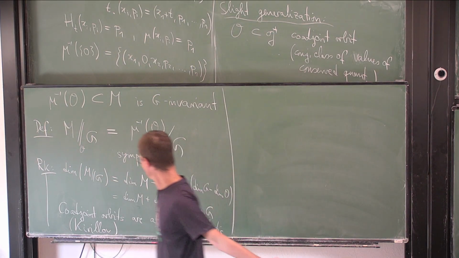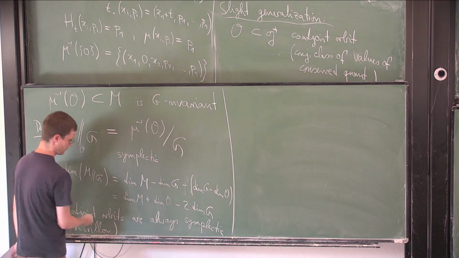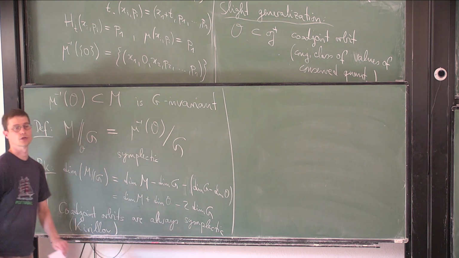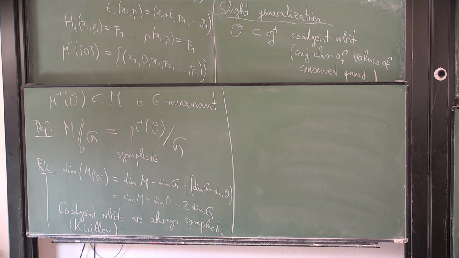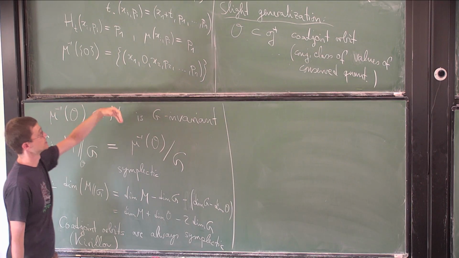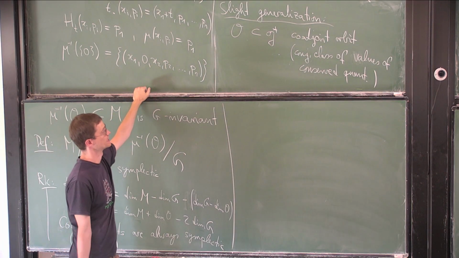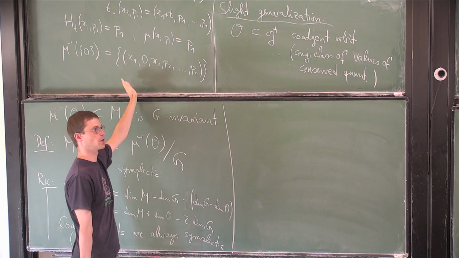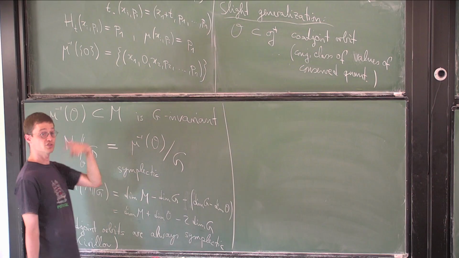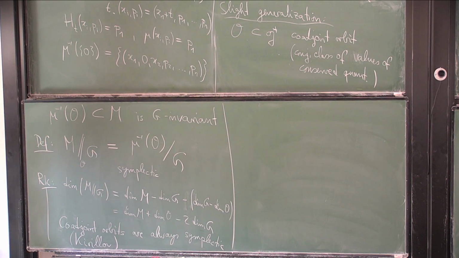Of course, if O itself is symplectic, then its dimension is also even. So you have even plus even minus even, you get an even dimension. For example, take matrices, like SLn, matrices with determinant 1. So the Lie algebra is traceless matrices. If you take conjugacy classes of traceless matrices, they are always even dimensional.